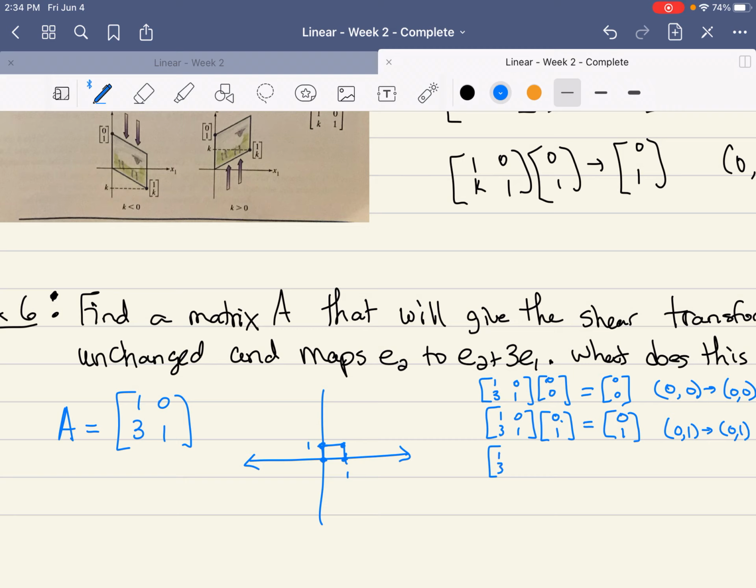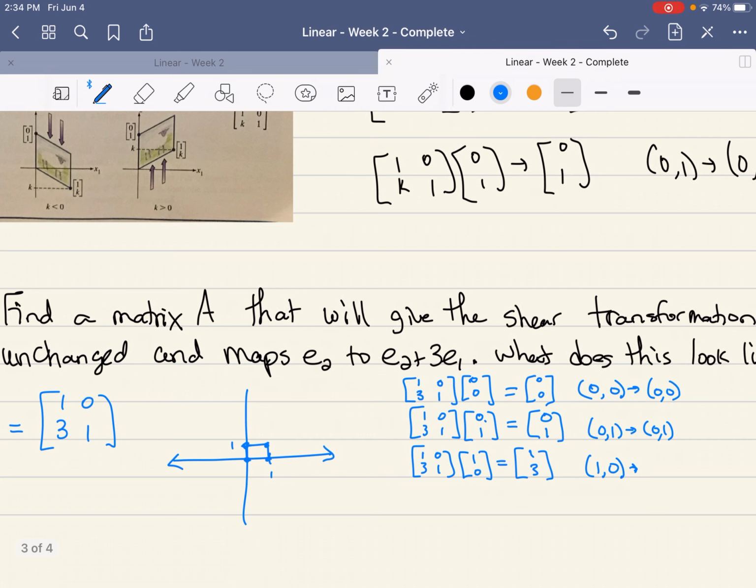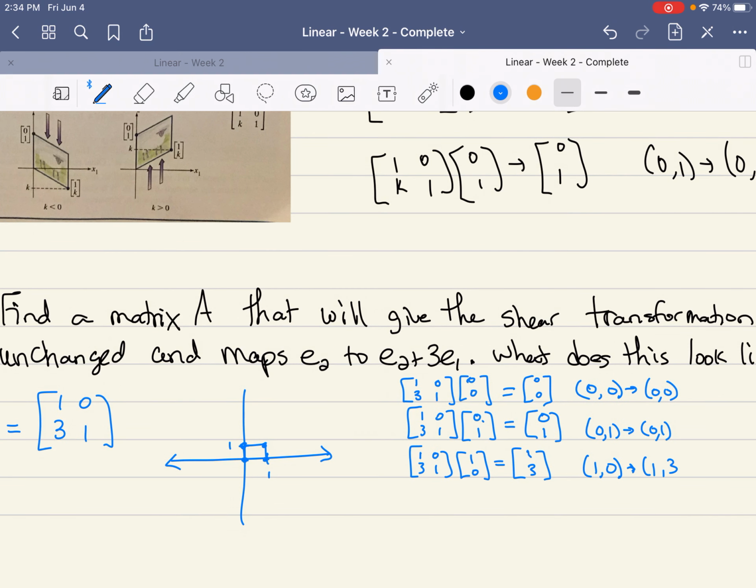If I do 1, 0, that's going to go to now 1 plus 0 is 1. 3 plus 0 is 3. So 1, 0 goes to 1, 3.